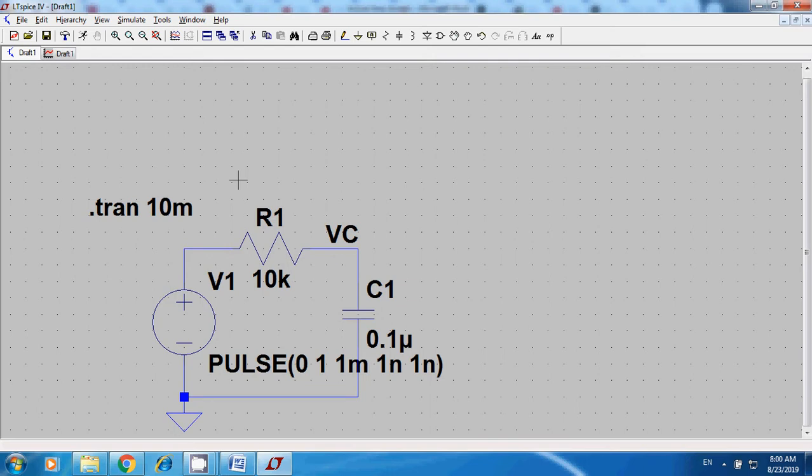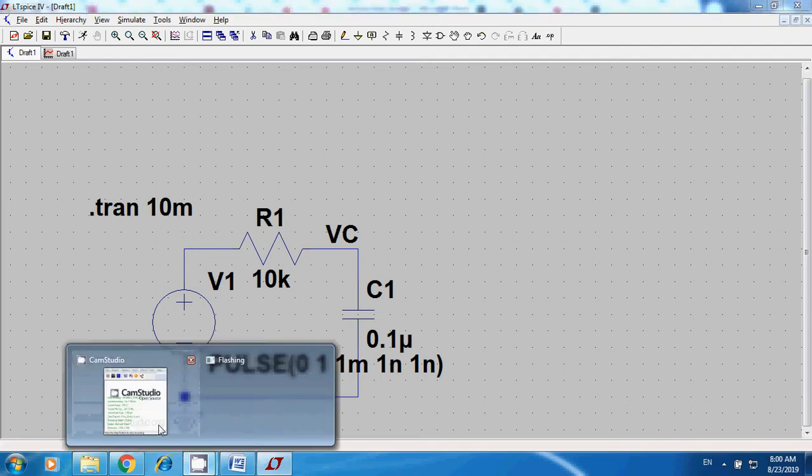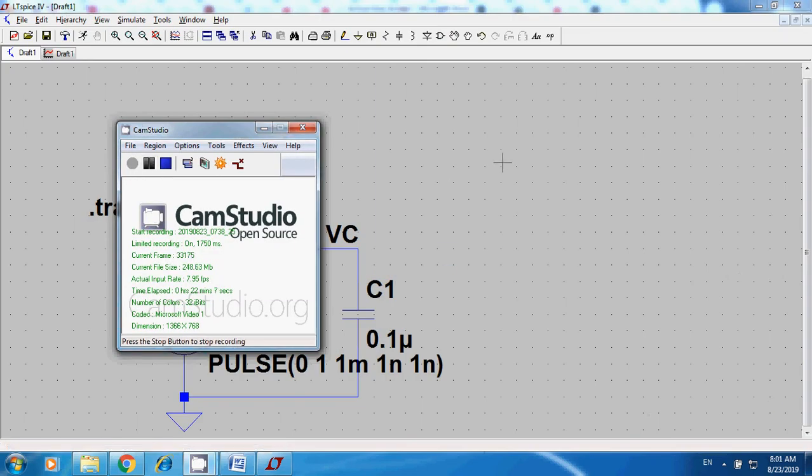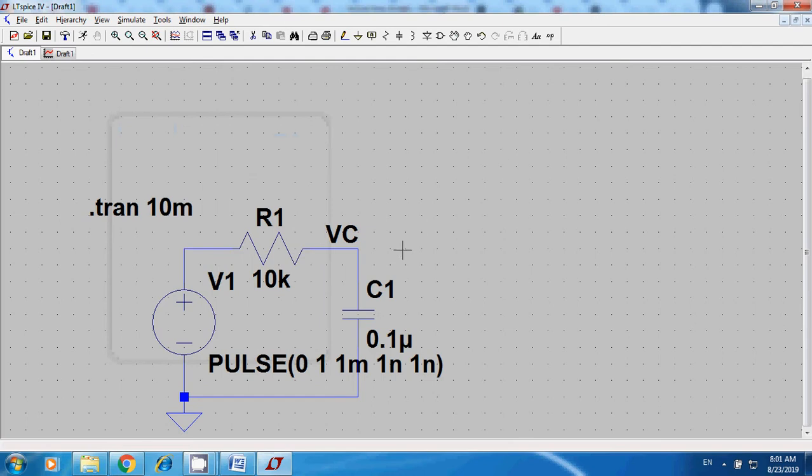It's going to be some problem here. Let me think about this one a little bit. Okay, I forgot. Okay, that's actually very simple. The voltage drop across the resistor is going to be V1 minus Vc.